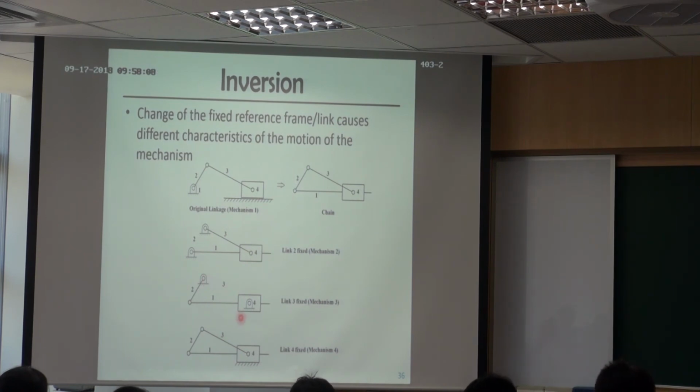If I fix bar 3 and use bar 2 as the input, rotating this one, and bar 1 as the output, it will move back and forth. It may also rotate. So inversion is just a term that means we use the same chain, but we fix different links, and we can make the chain work in a different way. It behaves like a different mechanism, but they belong to the same chain.